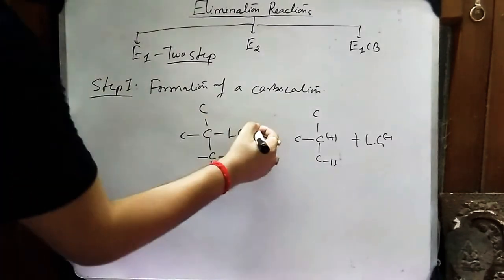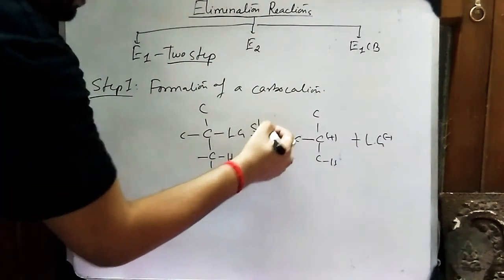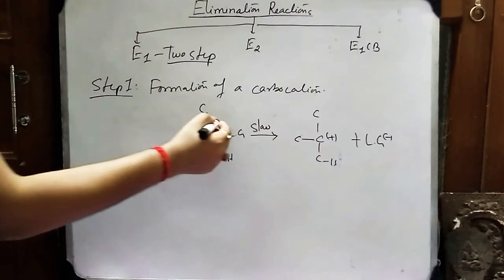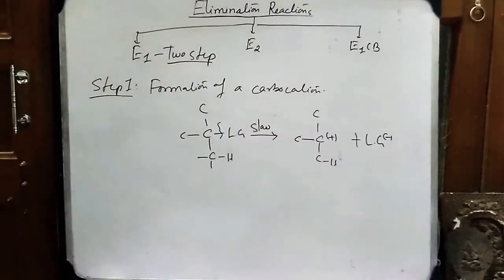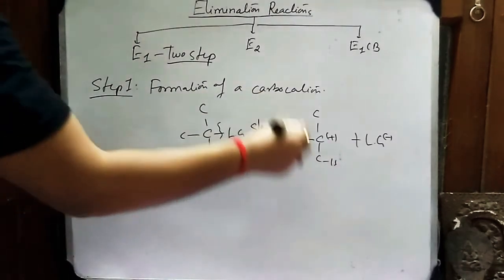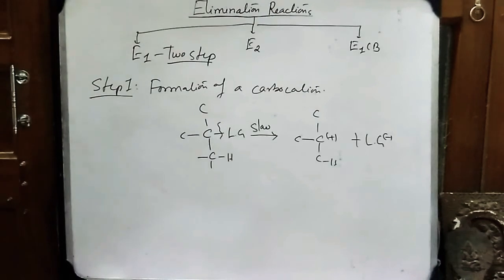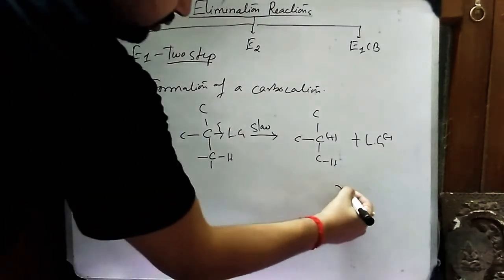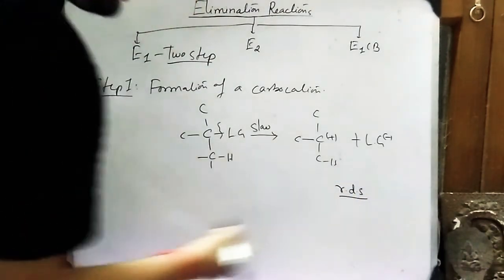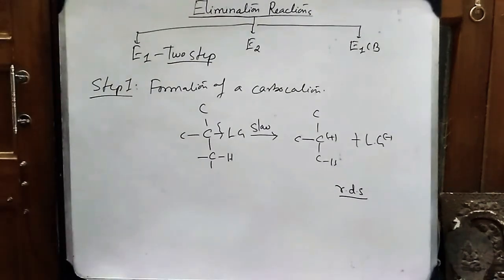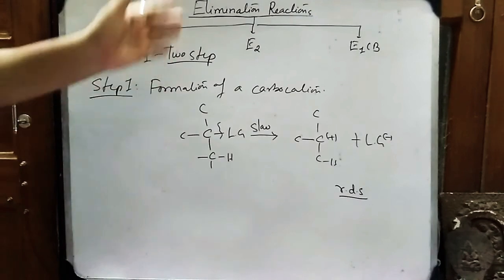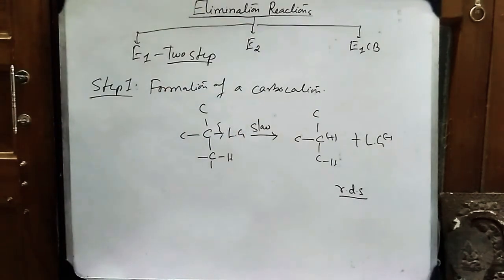This is a slow step, as we already know that breaking of a bond requires a huge amount of energy, so the reaction rate is slow. This is also referred to as the RDS, or rate determining step, of the E1 reaction. This formation of carbocation via the breaking of the bond is very essential.